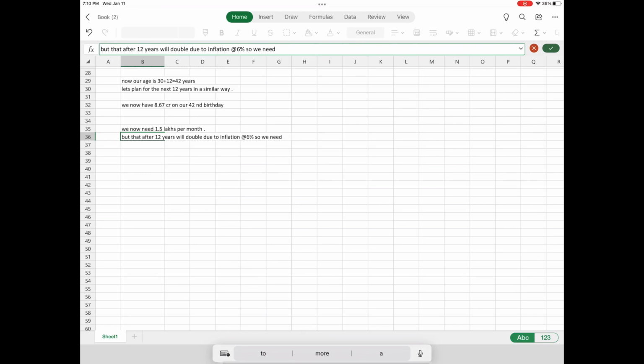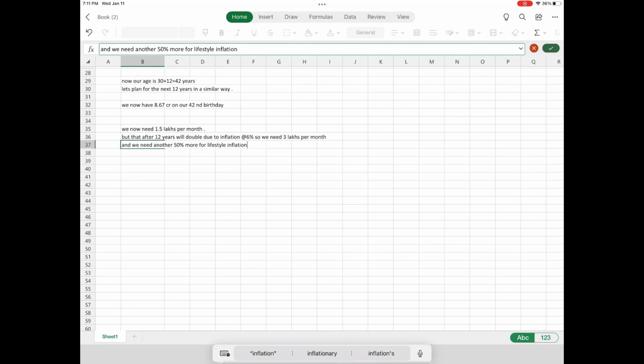Now we need 4.5 lakhs. Again I am taking normal 6% inflation. So with 6% inflation over 12 years, the average expense doubles. This is the thumb rule I am giving you, plus lifestyle, because we need better mobile phones, better television or whatever is available at that time.